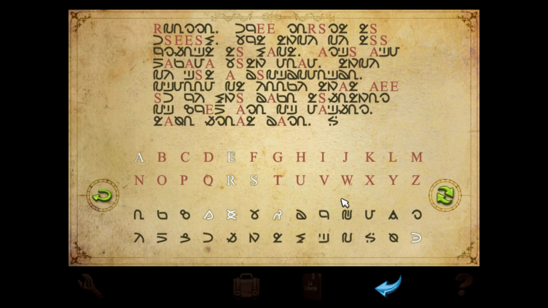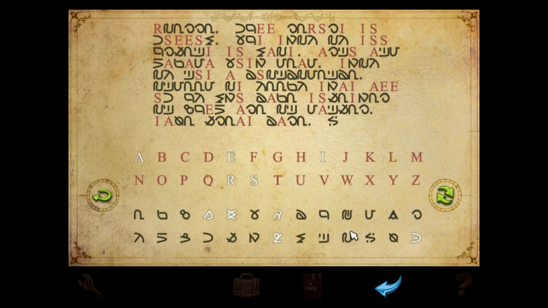So looking for the symbol, where is it? Come on, there you are. Let's say that's I. So here we have two words. So is, or at, or up are all possibilities.